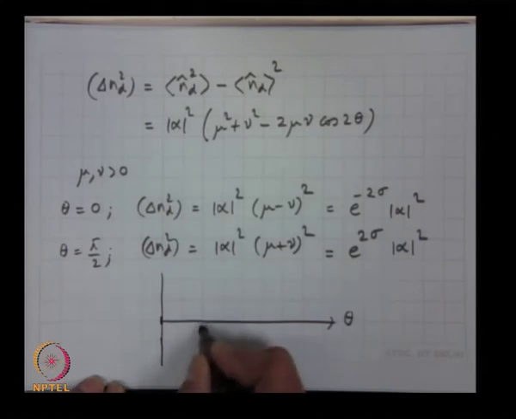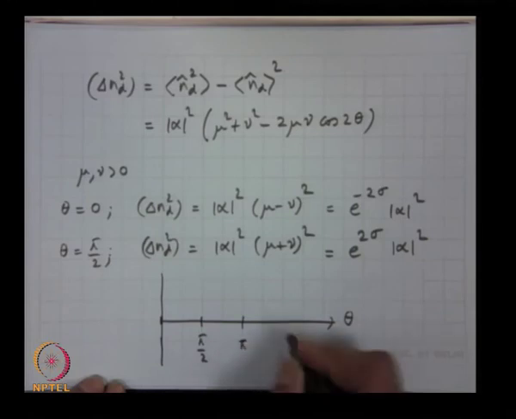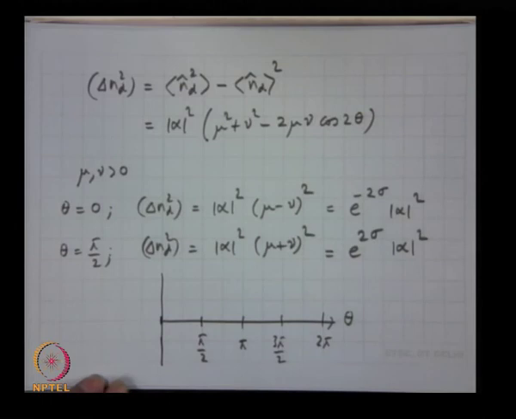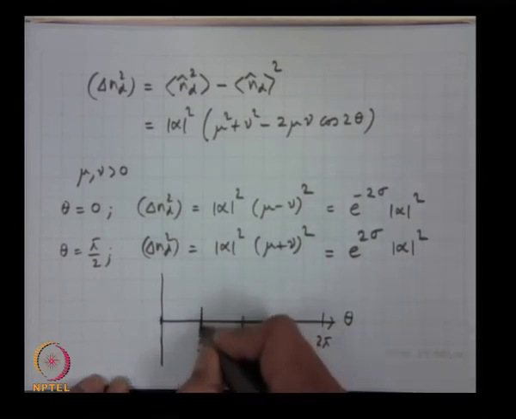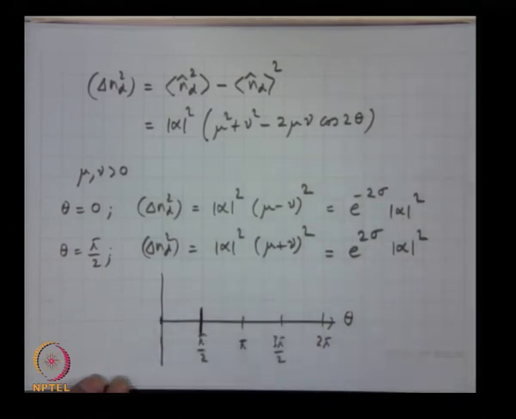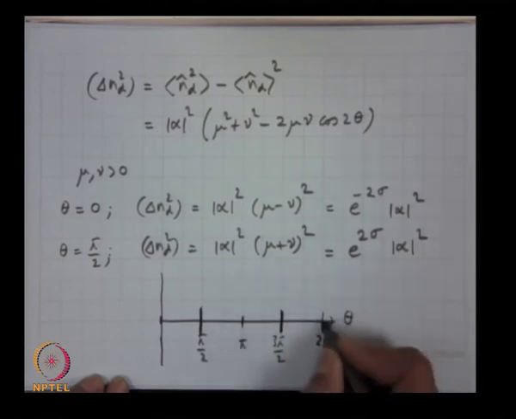So let me call this pi by 2, pi, 3 pi by 2 and 2 pi. At pi by 2, I have greater variance. At pi, I get a small variance. At 3 pi by 2, again greater variance. At 2 pi, small variance.